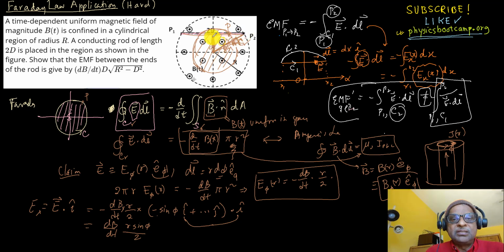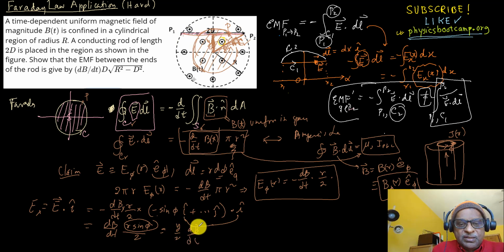So r sine phi is simply equal to y, and y is fixed for all the points here. So Ex is y over 2 dB/dt.